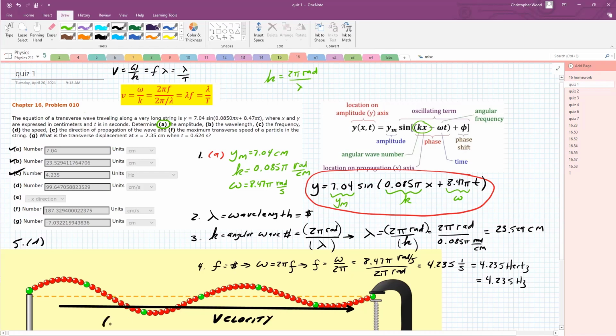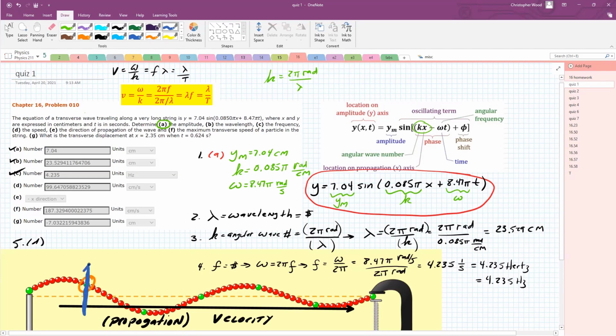It's the propagation. That's a word that's used a lot. To propagate means to move through or to spread, like the COVID virus propagated through North America pretty quickly. So the propagation velocity refers to this velocity as opposed to the transverse velocity. The transverse velocity is talking about, let's look at this green dot and ask ourselves, what is the velocity of this green dot from a transverse point of view?